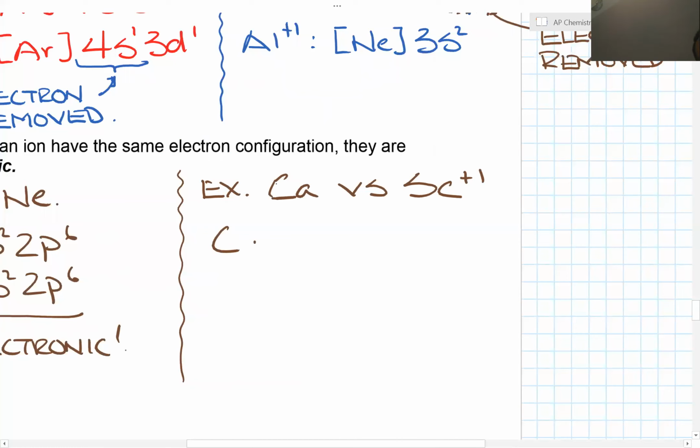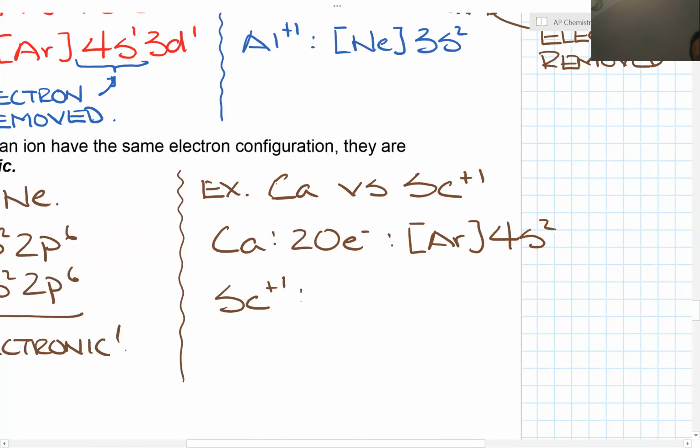Now, calcium has 20 electrons. So I'm just going to give you the short form, argon 4s2. Now, for scandium plus 1, it also has 20 electrons.